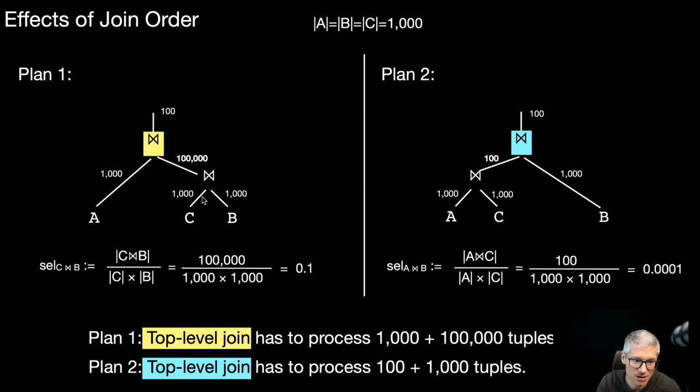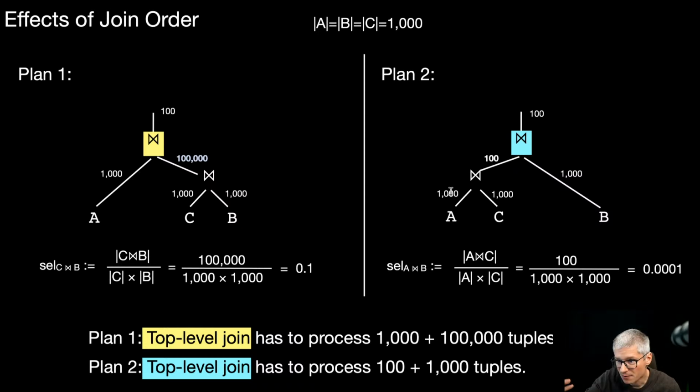You see here, those are artificial numbers. I just made them up, but that's a situation that occurs frequently. You see here that the number of tuples generated by plan 1 by joining C and B is 100,000, which means this join between A and the result of C join B has two input sizes, 1,000 and 100,000.